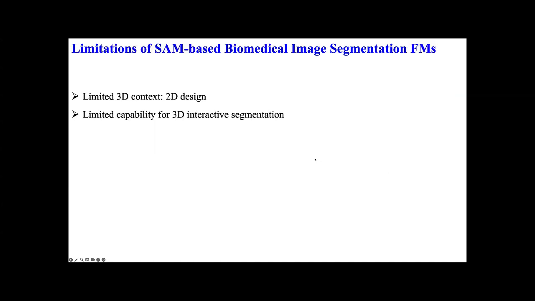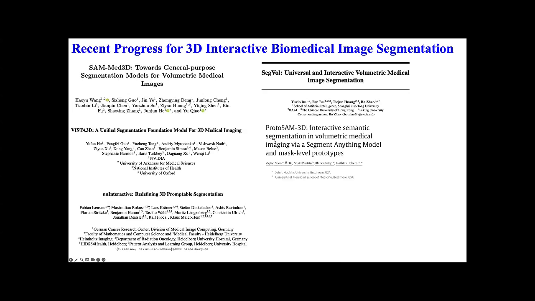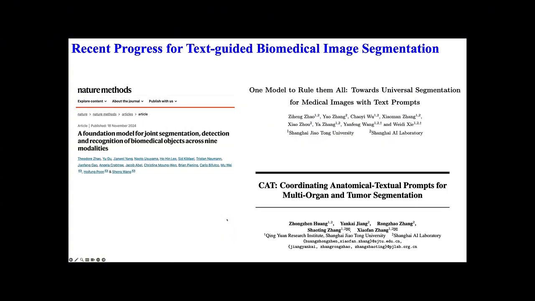But SAM-based models still have two essential limitations. First, the model architecture is designed with a 2D image encoder, which cannot capture the 3D context. And second, it is not suitable for 3D interactive segmentation. Fortunately, there are lots of exciting progresses for 3D interactive segmentation, such as SAM-Med3D, SegVol, VISTA3D, ProtoSAM3D, and recent interactive methods.